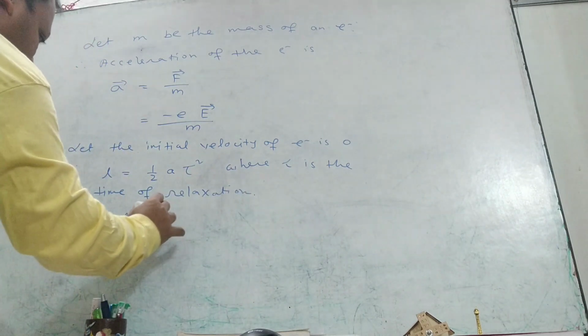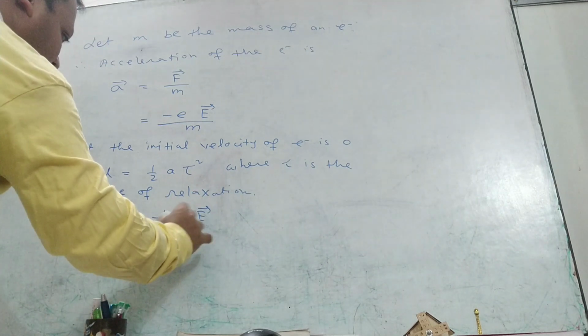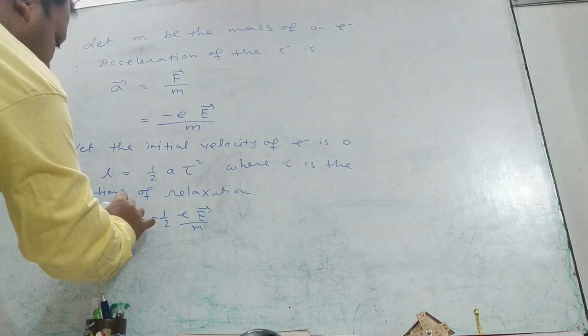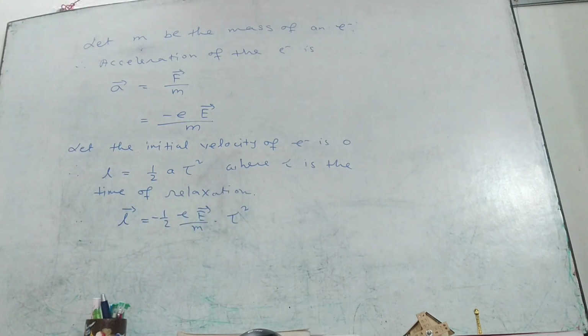Therefore, L is equal to minus half e capital E by m into tau square.